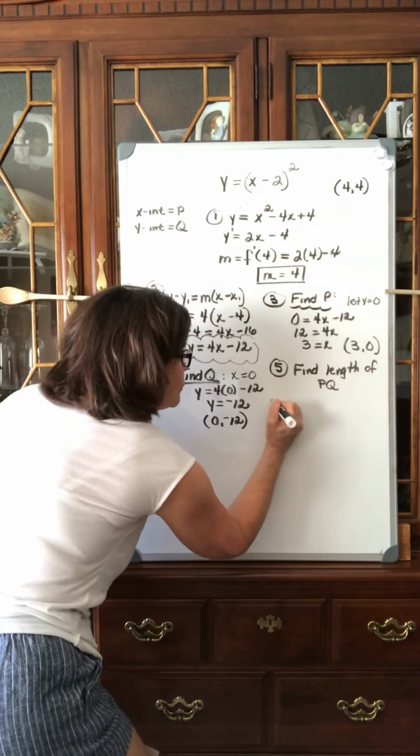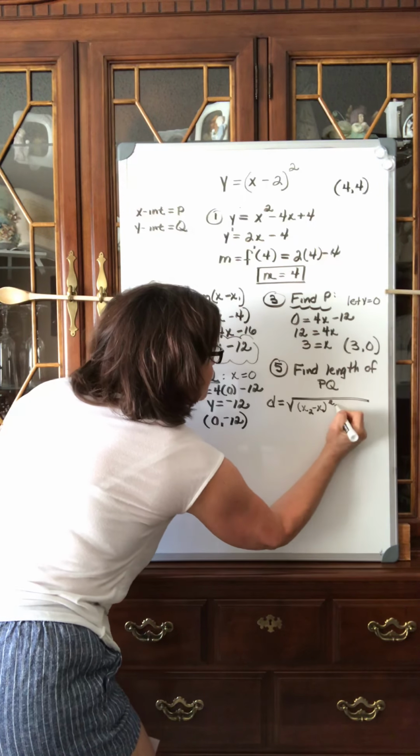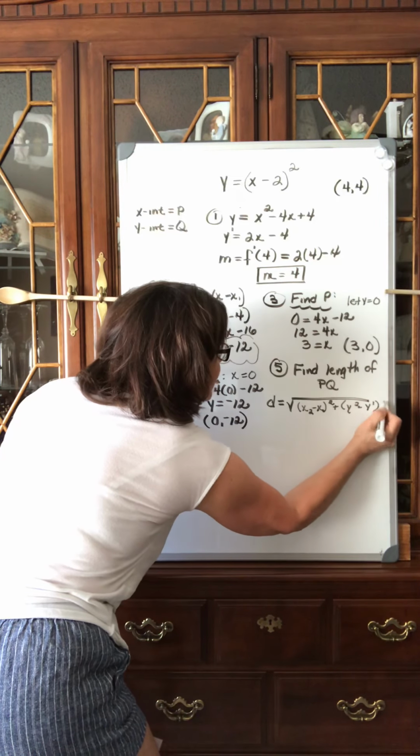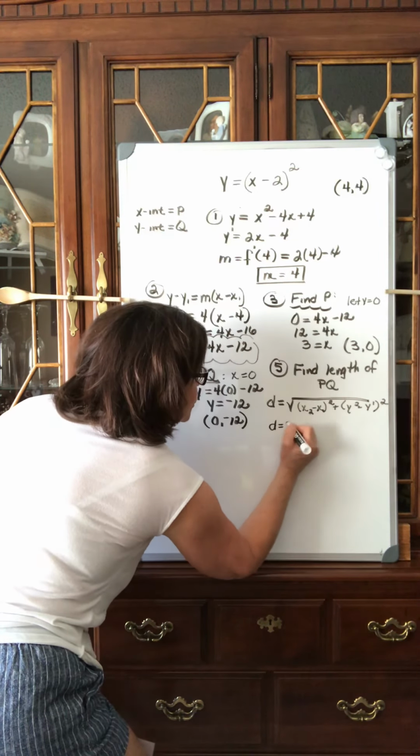The distance formula is equal to the square root of x2 minus x1 squared plus y2 minus y1 squared. Plug in your x and your y values. We are using this point P, and we're using this point Q.